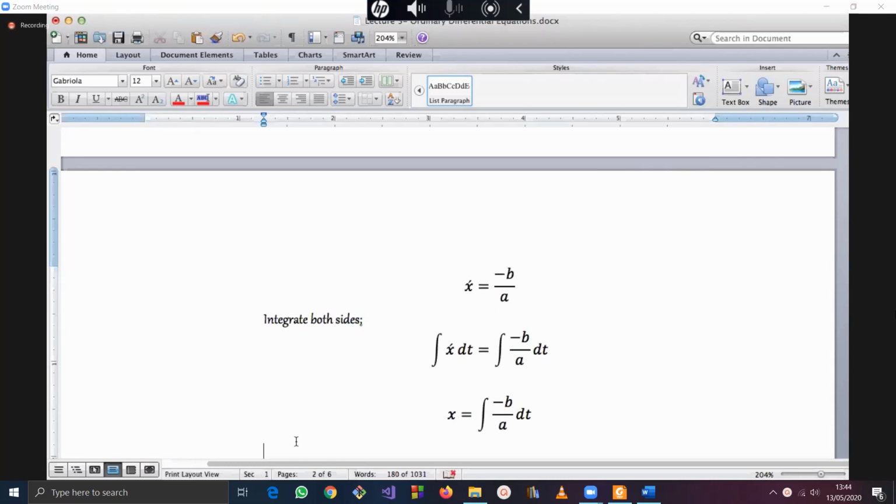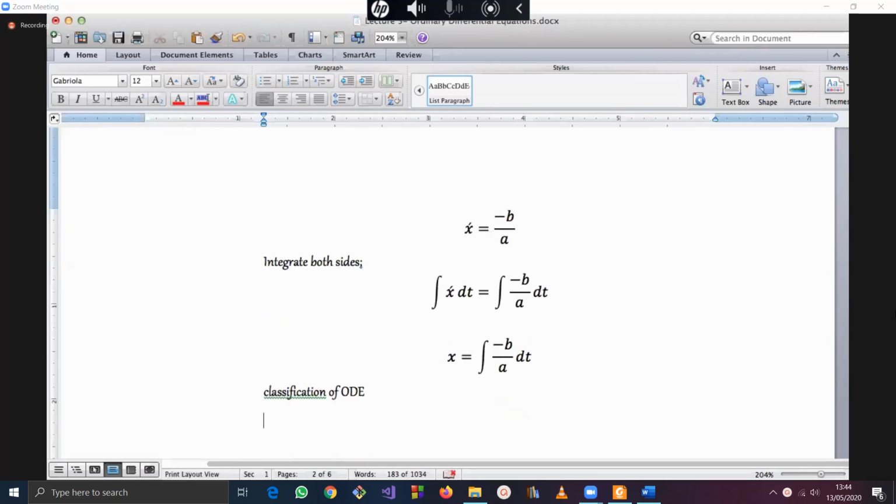If there isn't, then the next thing we want to do is classification of ODEs. Okay. In other words, do we have any classification?